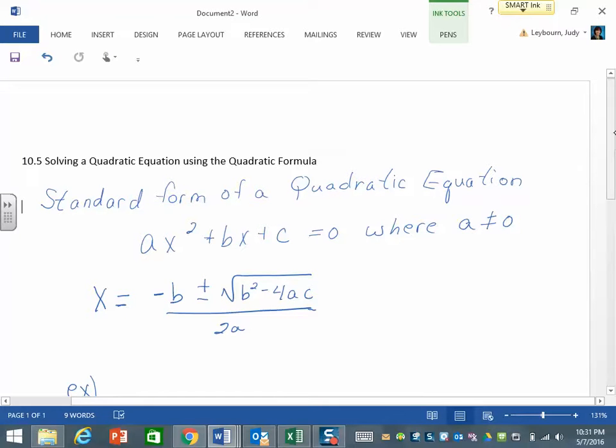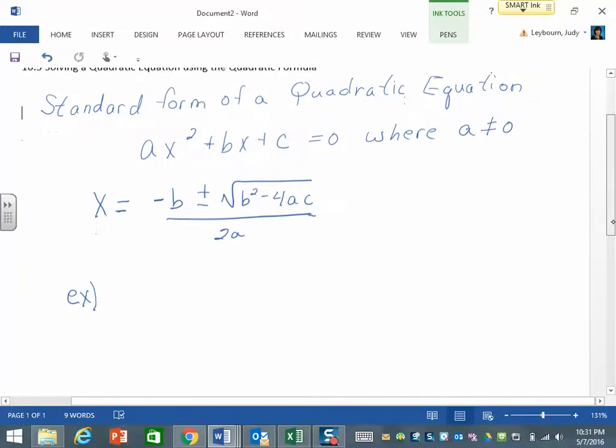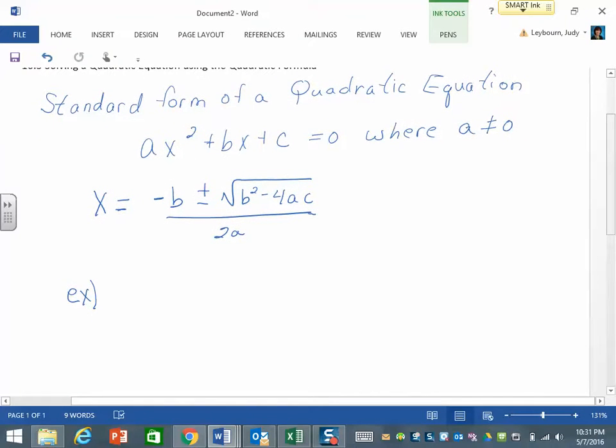So if we look at this situation and try to apply our formula, the equation I have for you in this first example is 3x squared minus 1 is equal to x. So first we need to get the equation equal to 0.